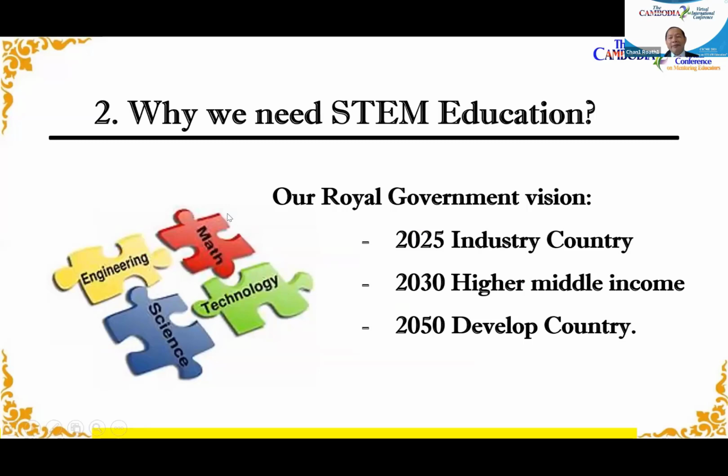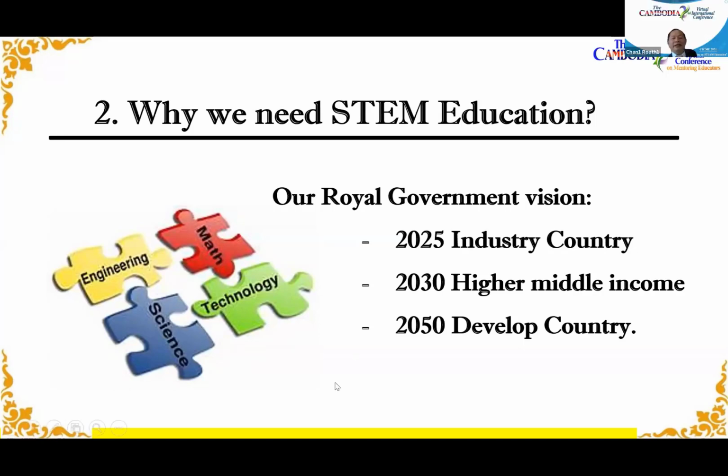Why do we need STEM education? Referring to our Royal Government's vision, by 2025 we would like Cambodia to be an industrial country, by 2030 a higher middle-income country, and by 2050 a developed country.